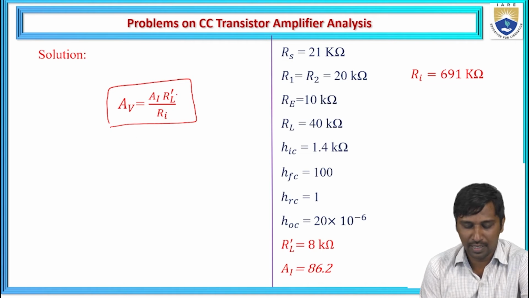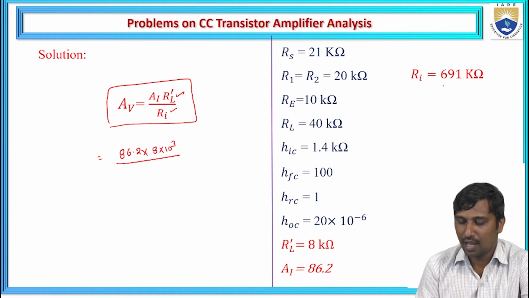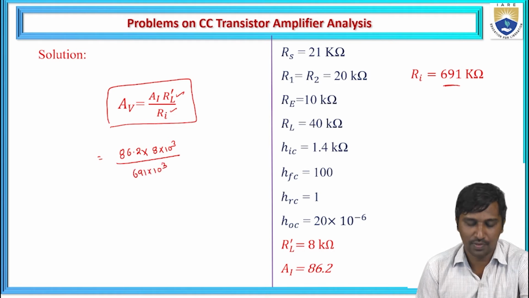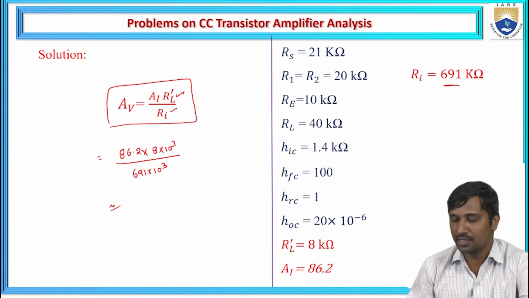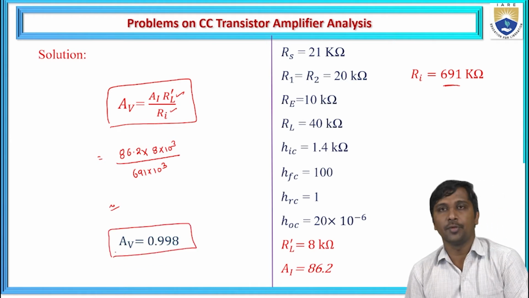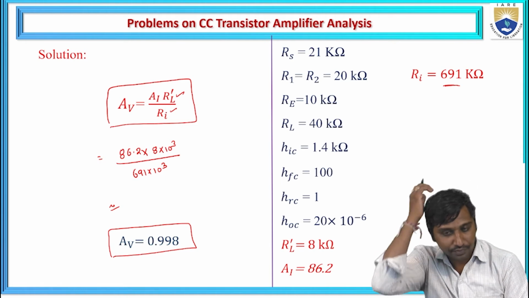The current gain is 86.2, R'L is 8 kilo ohms, 8 into 10 power 3, by Ri, 691 kilo ohms, 691 into 10 power 3. If you simplify this, the voltage gain is 0.998.